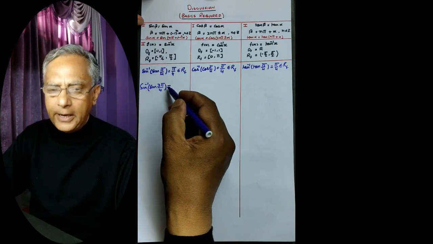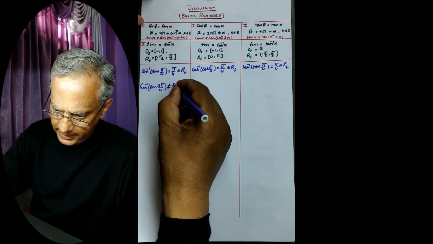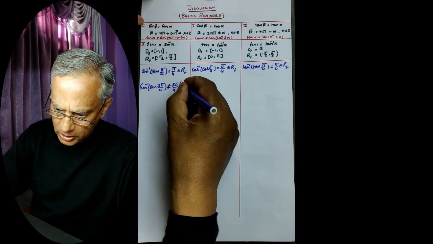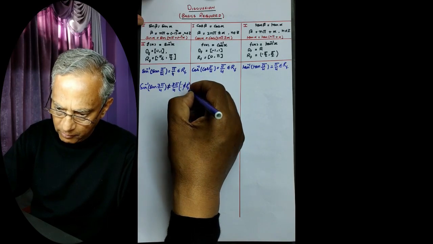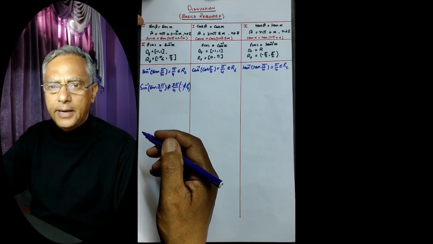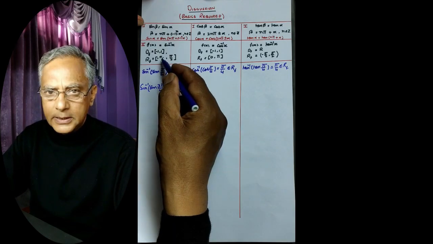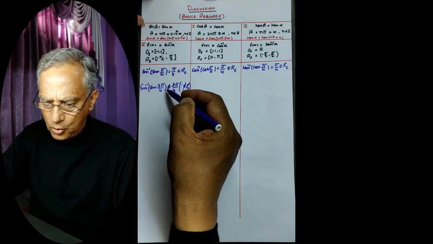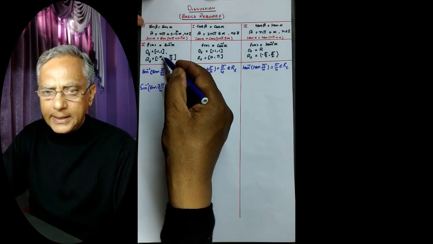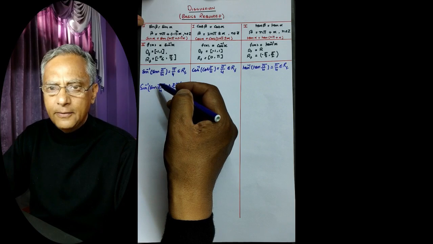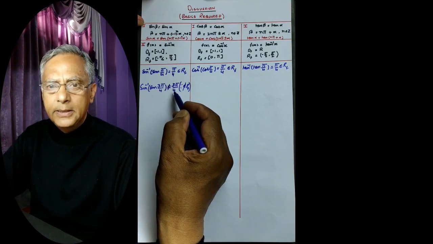The range of f is minus pi by 2 to pi by 2, and no function can assume values outside its range. This lies outside the range, therefore this cannot be the value of the function. Therefore sine inverse sine 3 pi by 4 is not equal to 3 pi by 4.